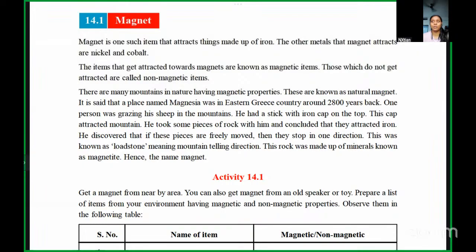When I was young, I loved playing with magnets. There was a small school where we used to go, and the principal of that school was our acquaintance.